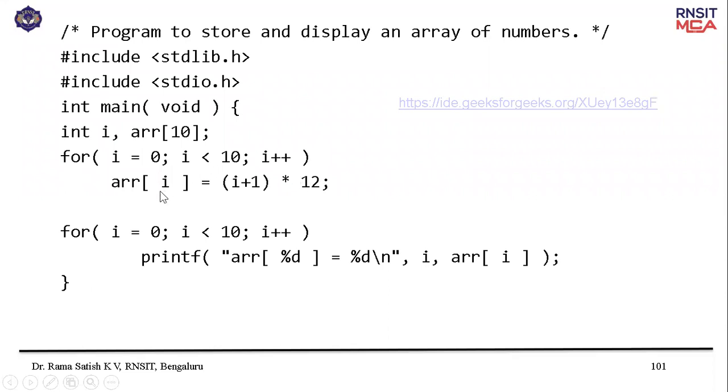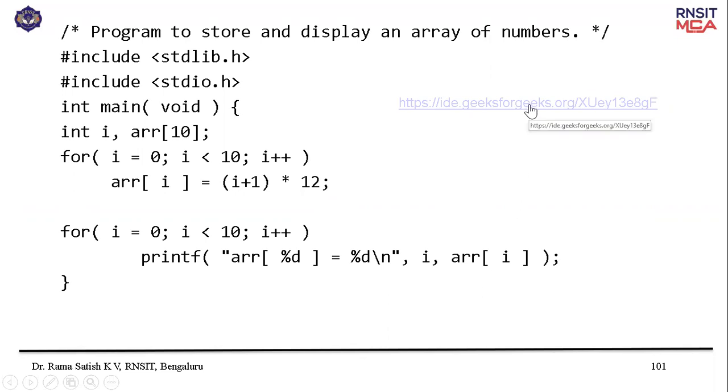So 12 is stored. When i increments, i becomes 1, and 1 plus 1 is 2, 2 into 12 is 24. So 12, 24, 36, 48, 60, 72, like this. The 12 table, starting from 12 to the last element, is stored.